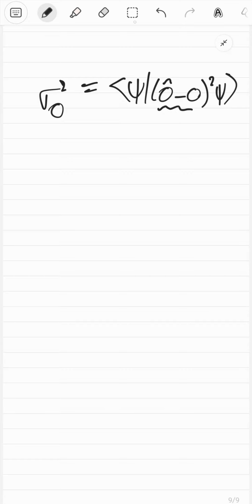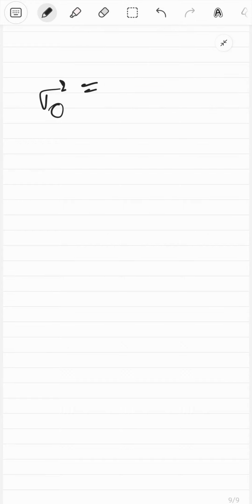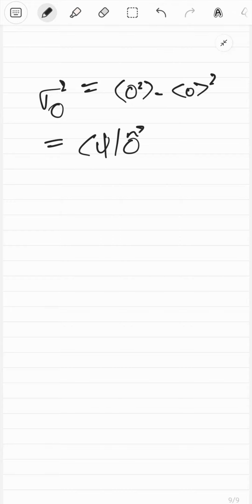Okay, let's not go with this definition. Let's go to the other one. It's basically the expected value of whatever operator we have squared, minus this quantity. So this you can get by doing this thing, and this you can get by doing this thing.